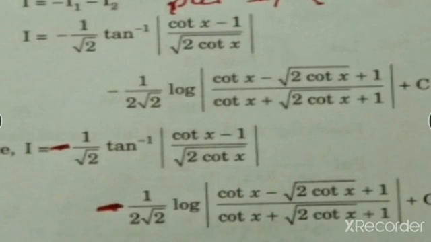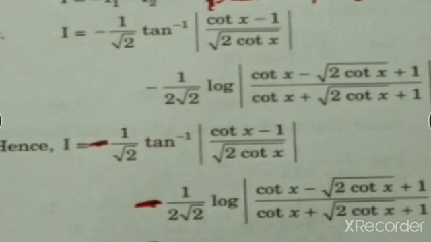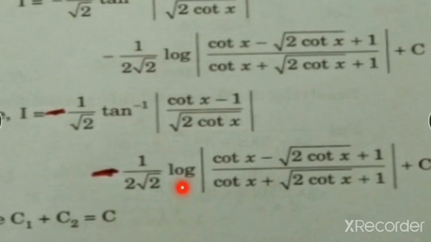Then our required answer is I is equal to minus 1 upon root 2 tan inverse mod of cot x minus 1 upon root 2 cot x minus 1 upon 2 root 2 log mod cot x minus root 2 cot x plus 1 upon cot x plus root 2 cot x plus 1 plus arbitrary constant c.